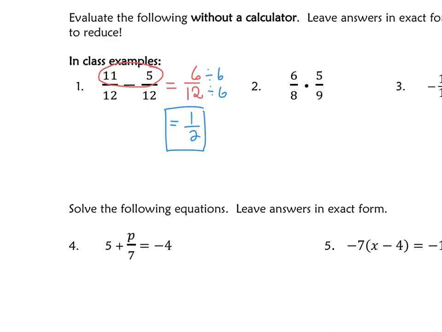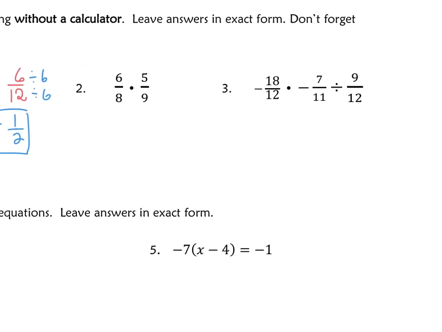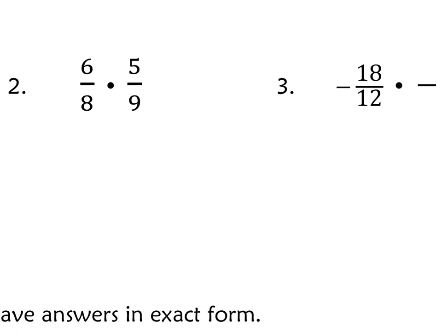For number 2, we are now multiplying the two fractions because there's a dot in between. When we multiply fractions, you have two ways you can do this. You can multiply across on top, 6 times 5 is 30, and then multiply across on the bottom and you get 72. Without a calculator especially, if you see that you could reduce this, we could divide top and bottom by 2.